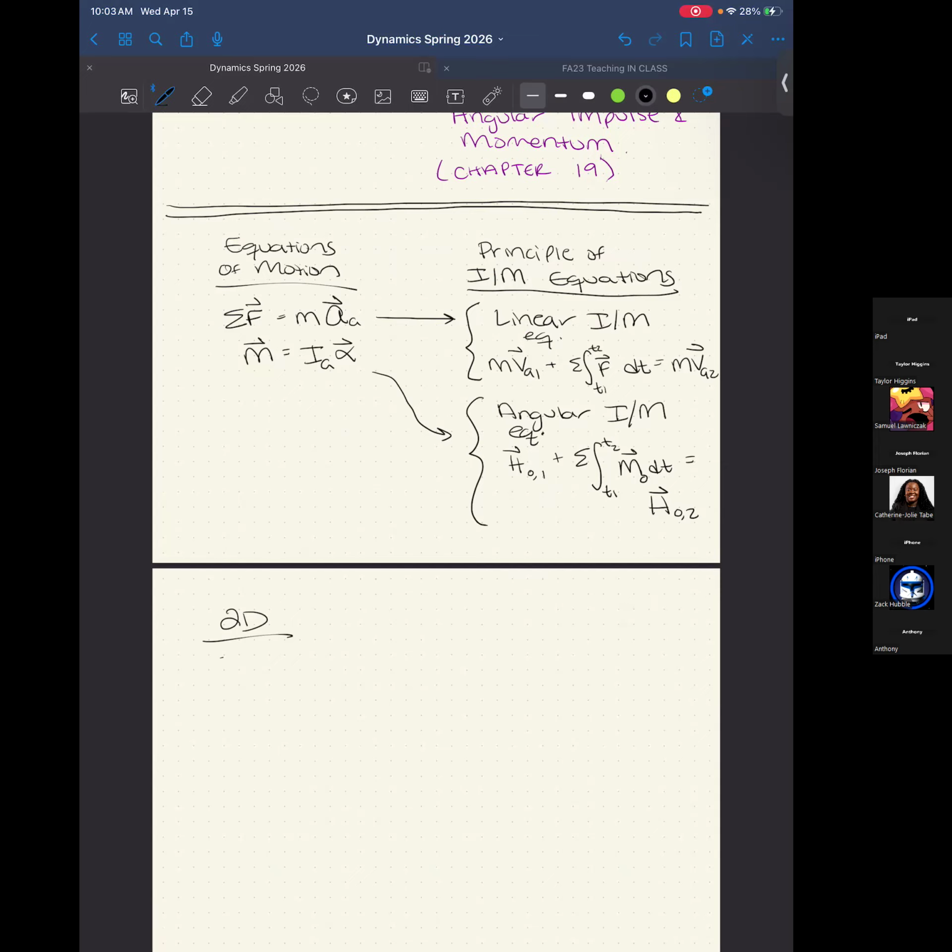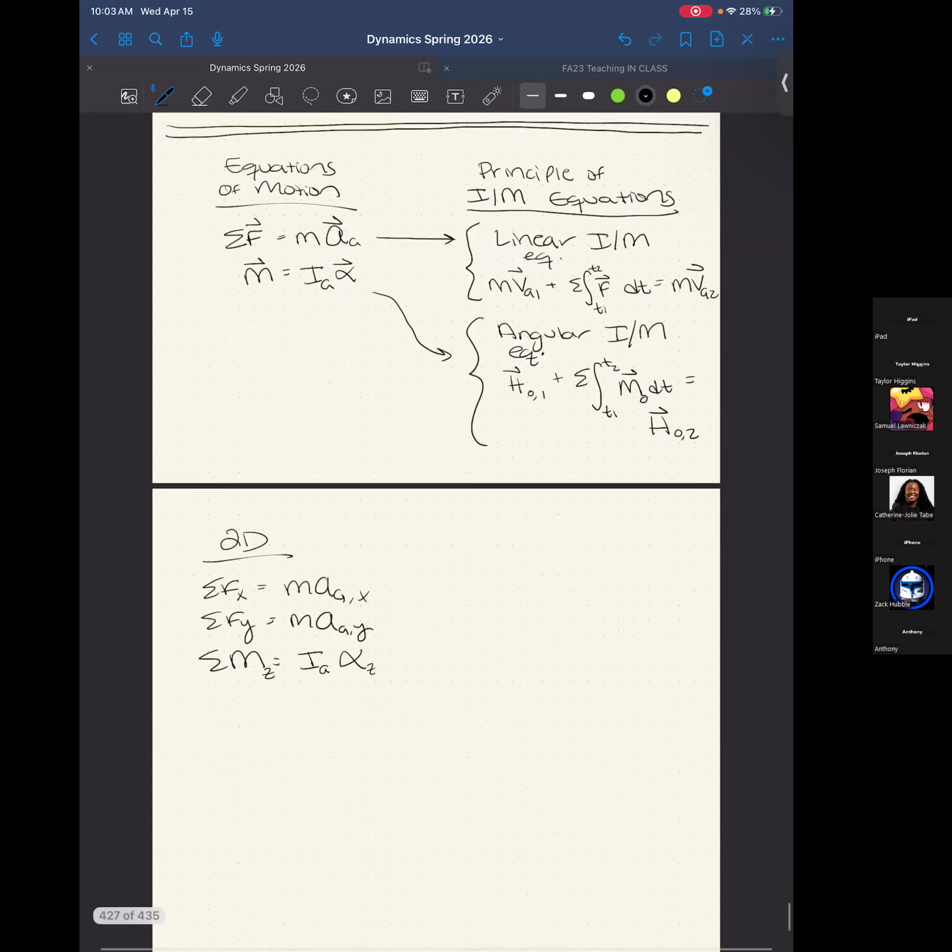So we had sum of forces in the X equals m a_Gx, sum of forces in the Y equals m a_Gy, and sum of moments equals I_G alpha. And this was moments about the Z axis. And these are scalar equations.